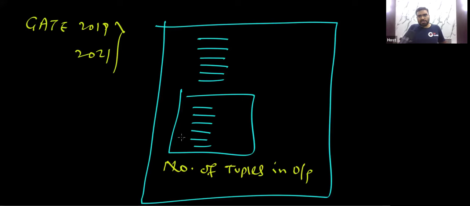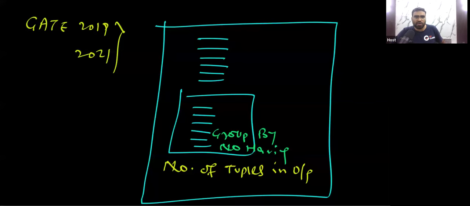So here you have group by. In the query there is group by and there is no having. In this situation, what do you need to do? First, of course, you apply the where clause, then find how many groups there are.